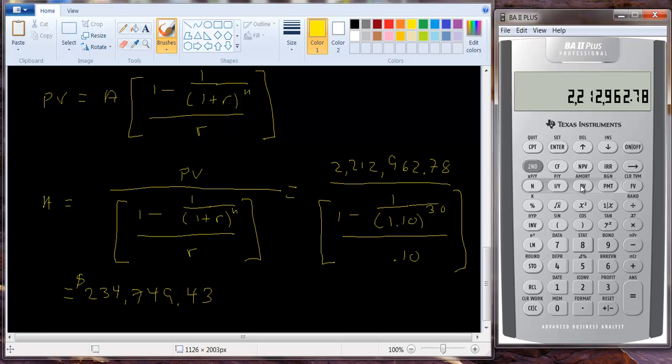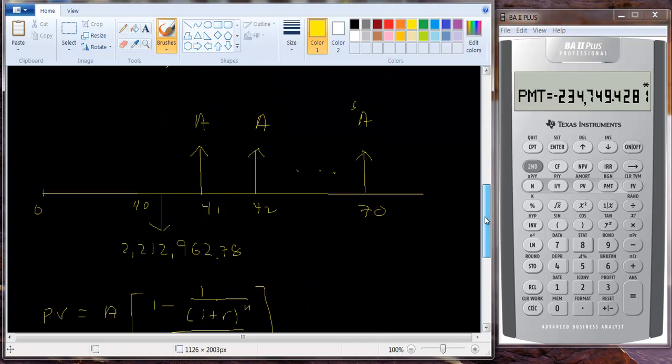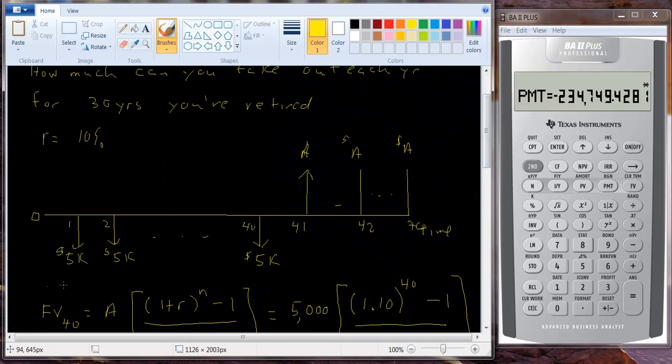So that's our present value, and we want to compute the payment, and we get the same thing, $234,749.